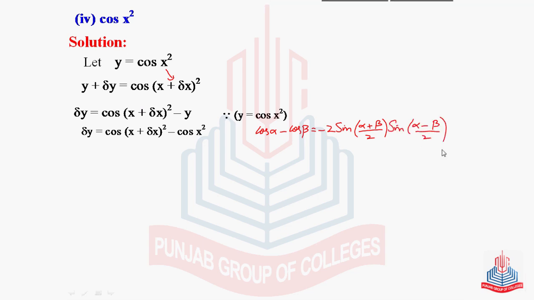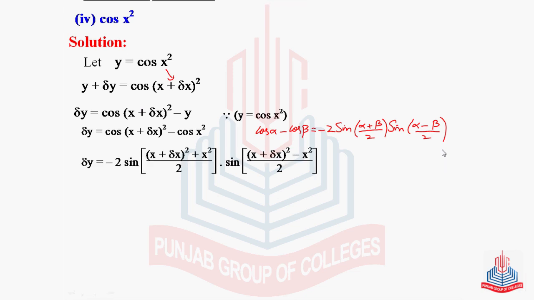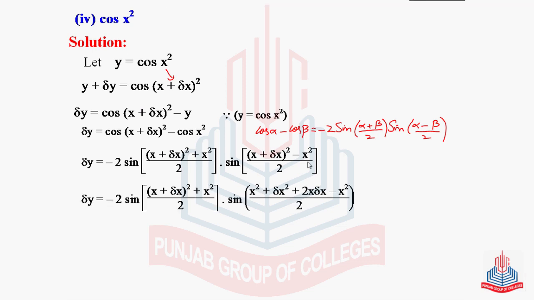So applying this formula to here, this will become minus 2 sine, this is alpha, x plus delta x whole square, this is beta, so plus x square, like this, alpha plus beta over 2, and into sine alpha minus beta divided by 2. So this is actually minus 2 sine. This will be as it is, unaffected.